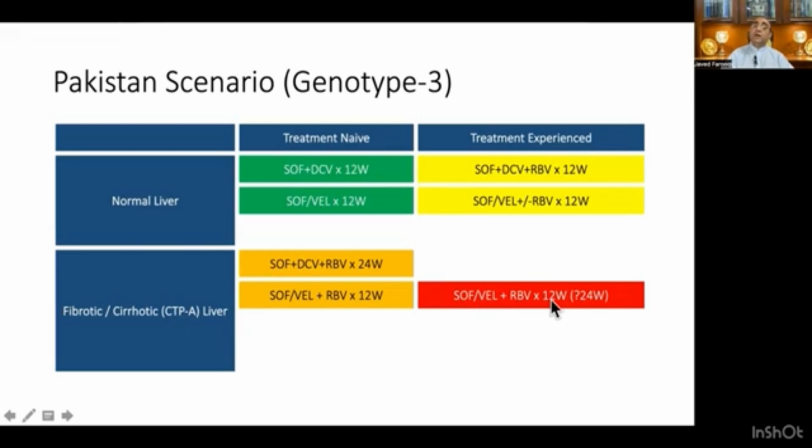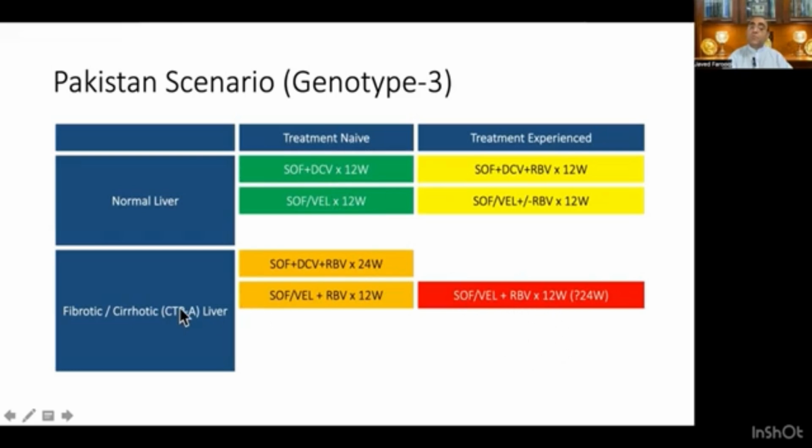But I have seen a good fraction of patients who are non-responders to this sofosbuvir-velpatasvir-ribavirin combination or sofosbuvir-velpatasvir combination. So in this case, I may extend the therapy to 24 weeks. This is not in the guidelines, but on personal experience, I may extend the therapy to 24 weeks of sofosbuvir-velpatasvir-ribavirin if it's the most difficult. Because regarding the therapeutics, this is the easiest to treat and this is the most difficult to treat group.